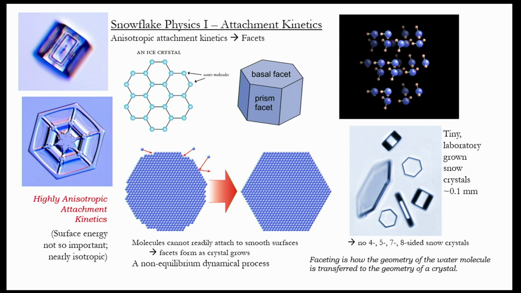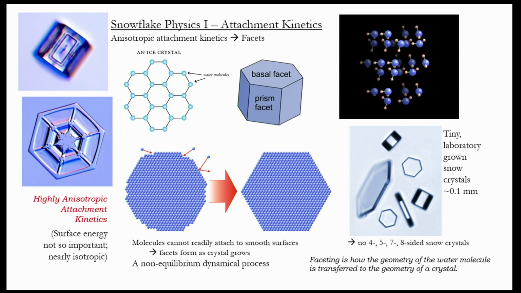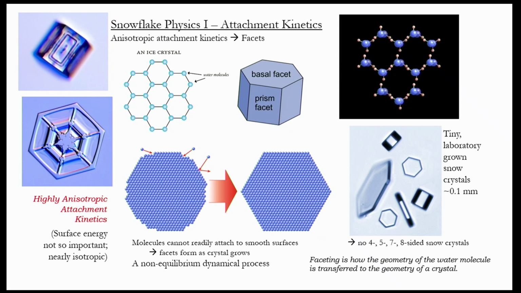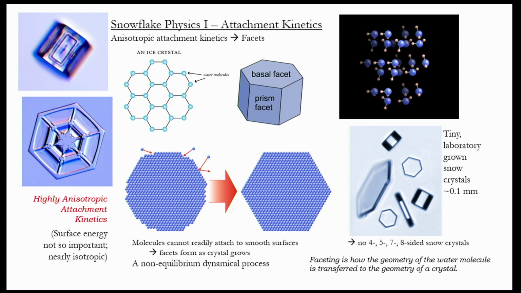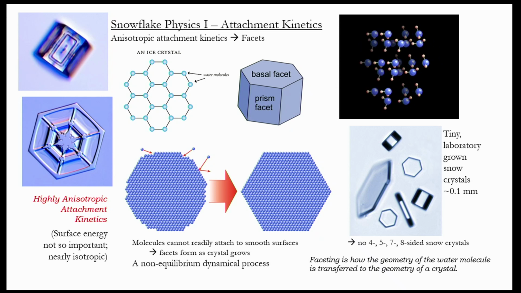Okay. And it's all just a non-equilibrium process. Surface energy is actually pretty isotropic, and we don't have to worry about that. But the attachment kinetics is highly anisotropic, and that's what makes facets. And so that's why there's no funny-looking snowflakes.